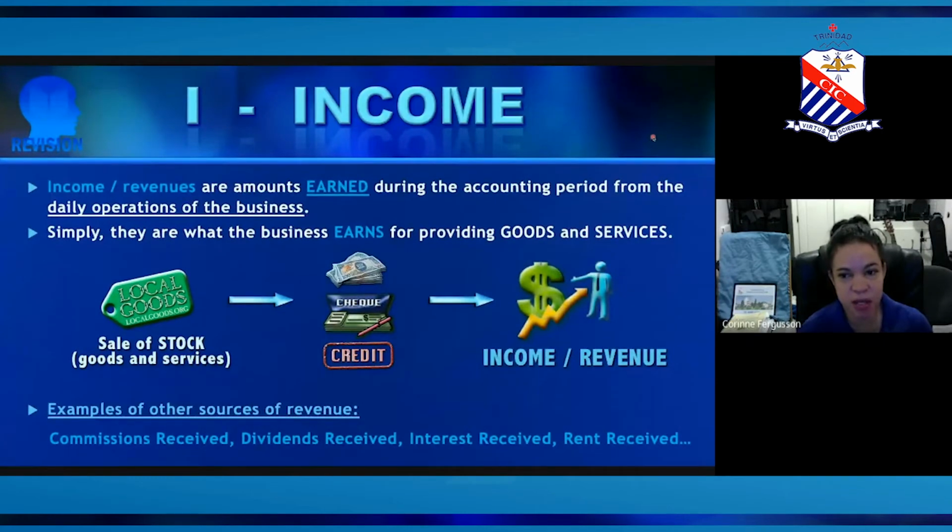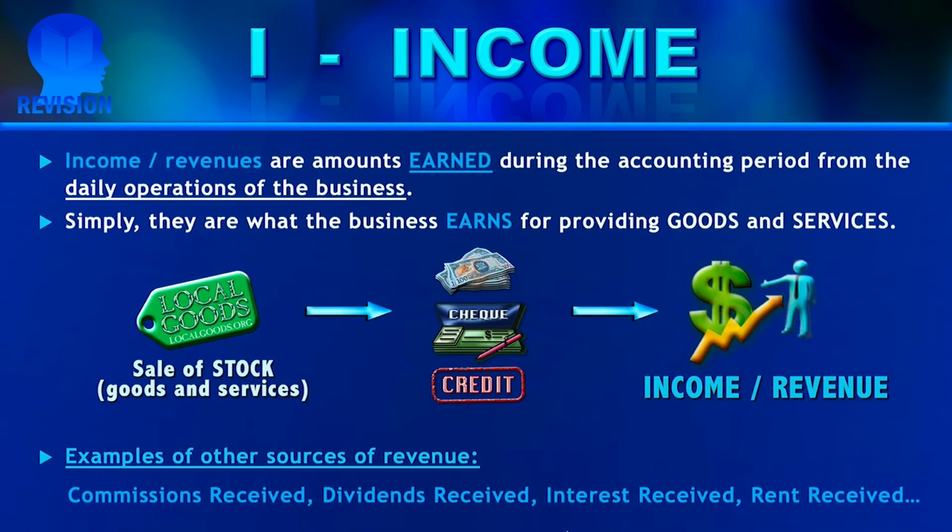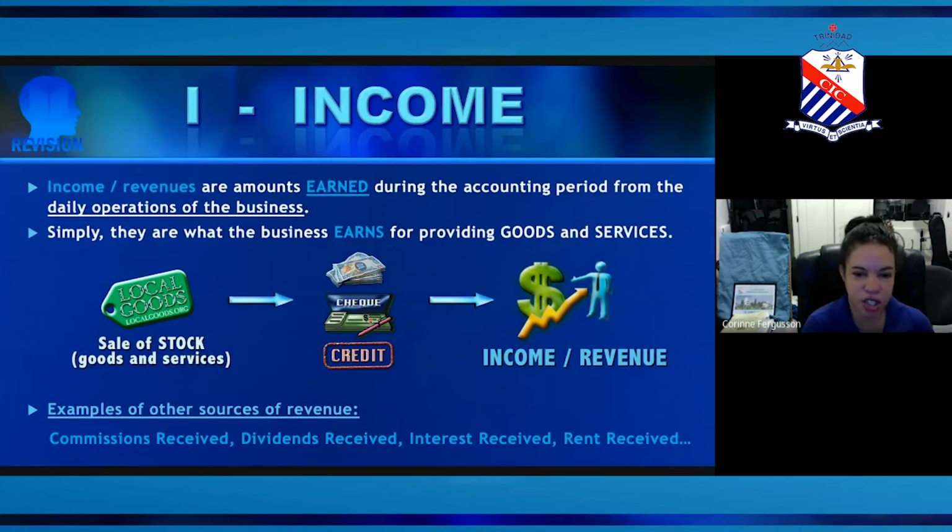Income or revenue is just the amount that you earn from doing your business. So your main income or revenue is when you sell your stock. That is sales, right? When we sell stock, we can sell it for cash, check, or on credit. So these are the three ways that you can earn your sales.